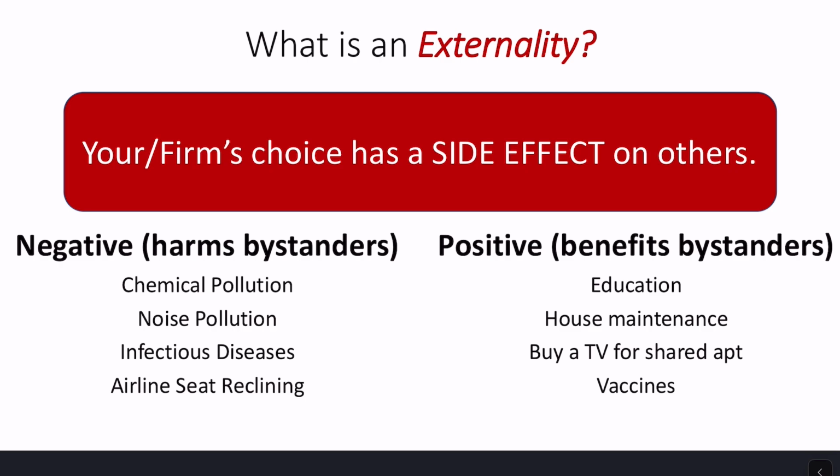A positive externality is a benefit for a bystander. Classic examples here would be education and vaccines. These are standard textbook examples of a positive external benefit for someone.